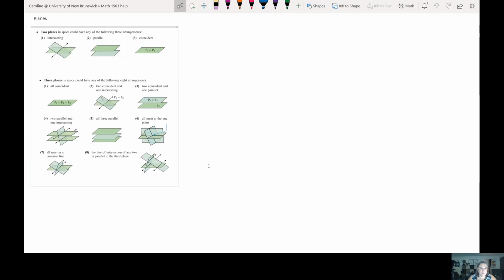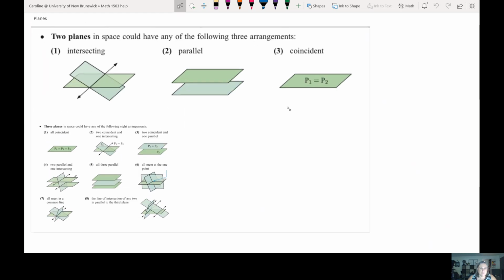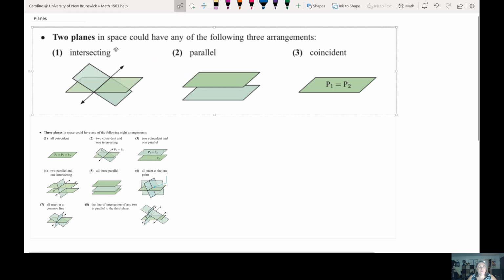So I'm just going to make this a little bit bigger so we can see. Okay, so if we have two planes, then they can intersect at either a line, so I showed you that, or they could be parallel, or they could coincide and be actually the same planes. So you wouldn't be able to tell the difference. So that's if you had two planes.